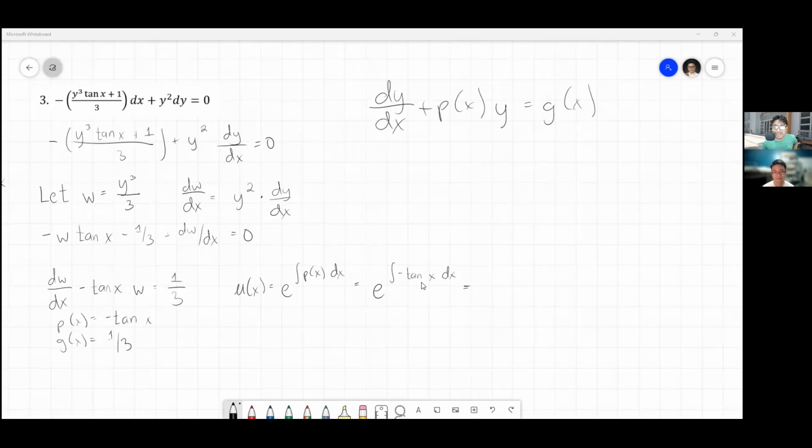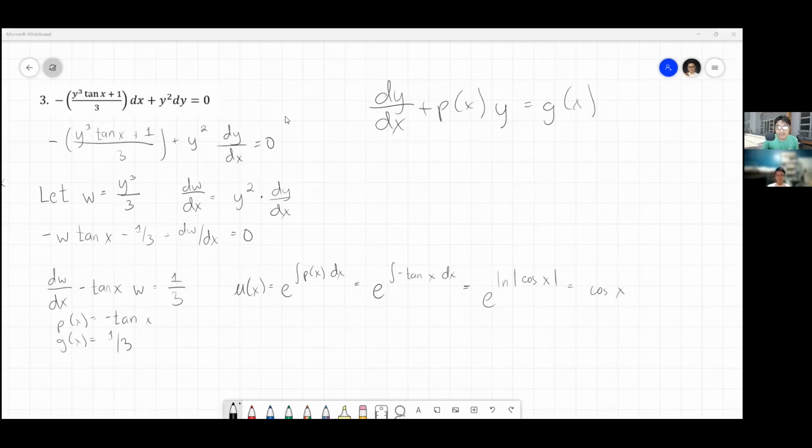Tapos meron tayong negative, which is just pagka pwede mo siyang ilagay sa ln, magiging 1 over secant siya. So, that becomes e to the ln of cosine x. And e raised to ln of cosine x is just cosine x. So, yan yung ating integrating factor.